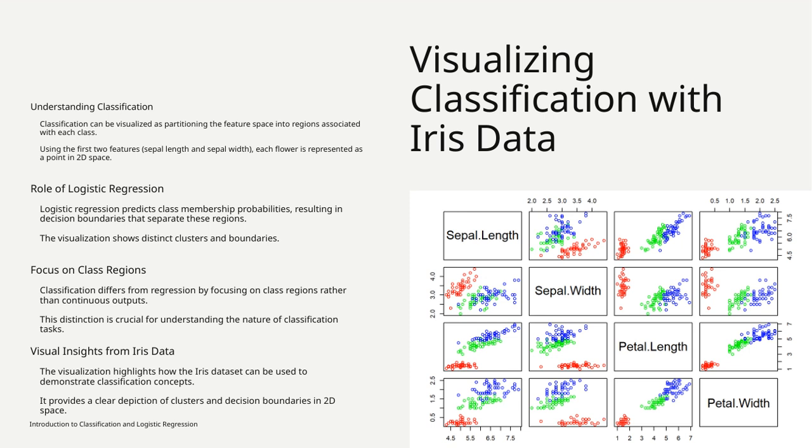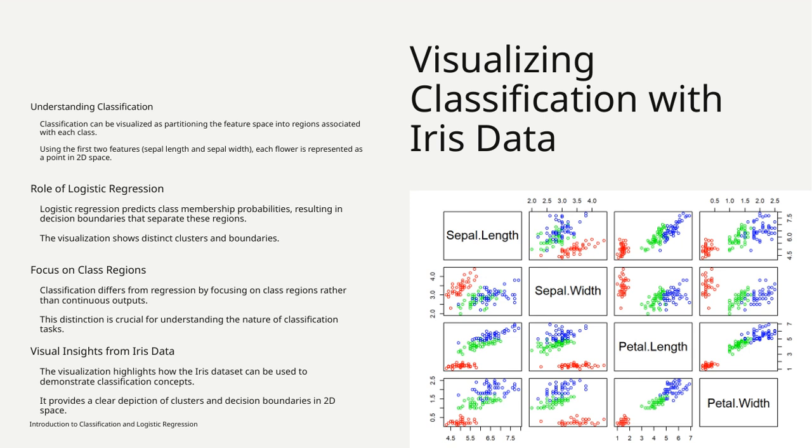Now, logistic regression plays a key role here because it predicts the probability that a given point belongs to a particular class. These predictions translate into decision boundaries, lines or curves, that divide the space into distinct class regions. When we look at the visualization, we can see these clear clusters and the boundaries that separate them.